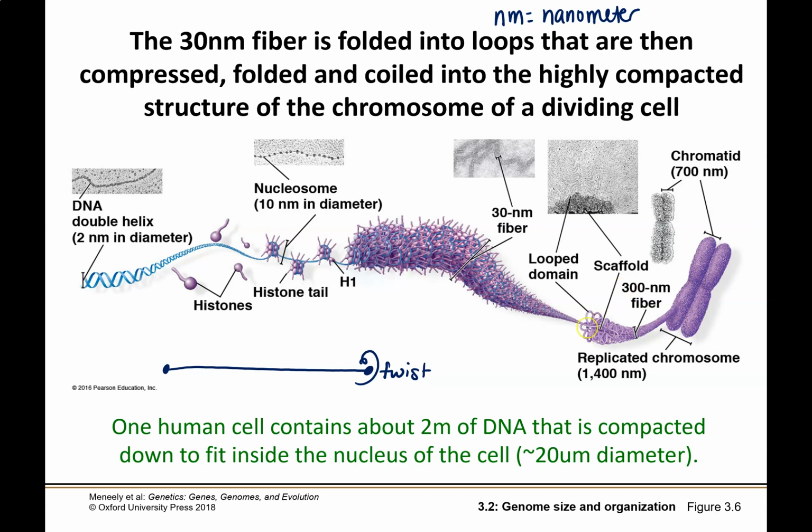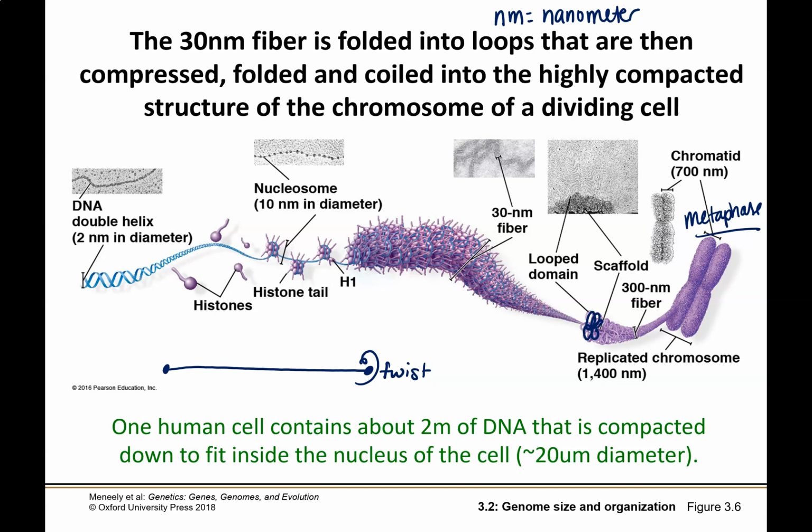And eventually you get this really regular looped pattern, and as it continues to condense even more and more, that 30 nanometer fiber gets a little bit thicker because it's folded in on itself, and then that one folds even tighter until we eventually get that metaphase chromosome. And this is the chromosome that we see on our karyotypes.